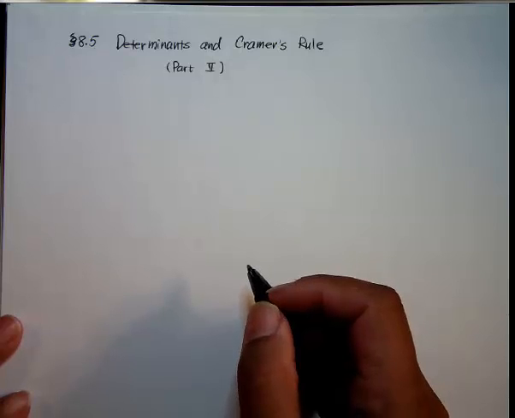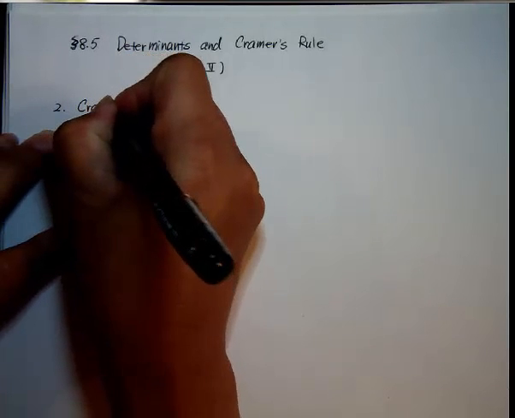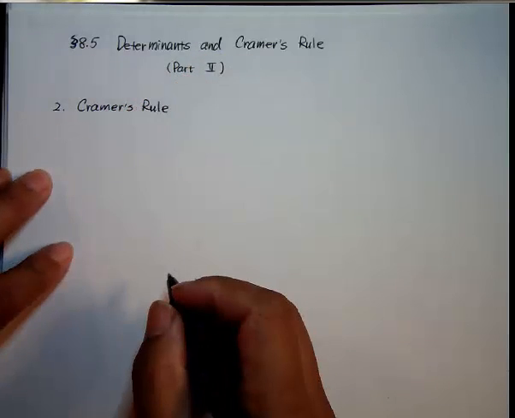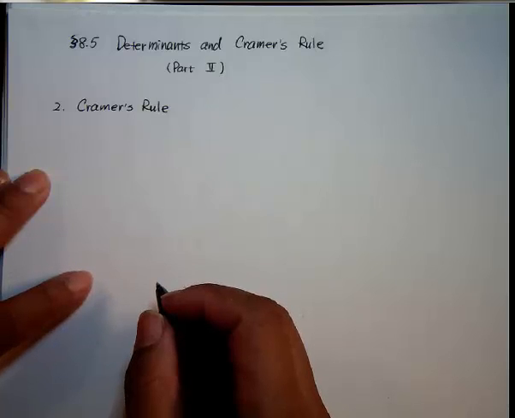Let's continue section 8.5. The second part, we are going to learn Cramer's Rule. Cramer's Rule is a very convenient way to use determinants to solve a system of n linear equations in n unknowns.